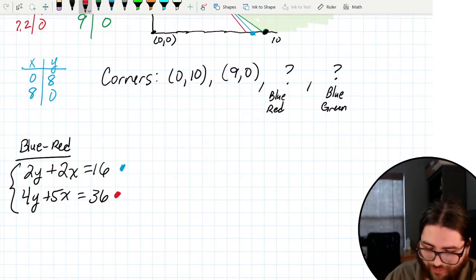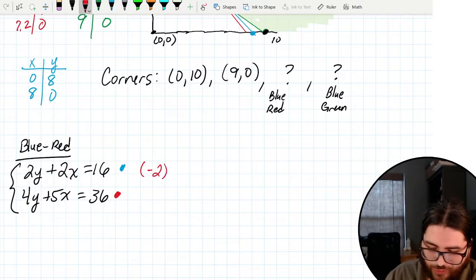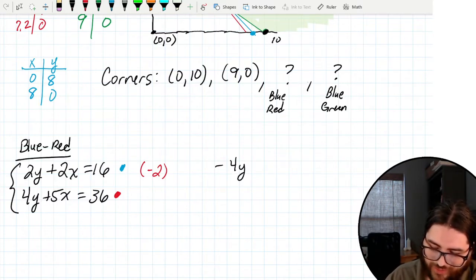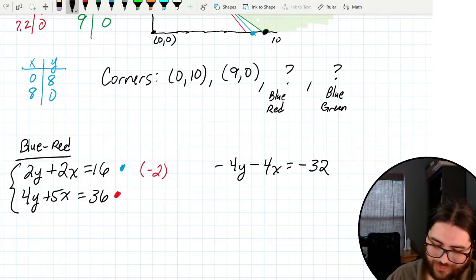Let me multiply everything in the top equation times -2 to make -4y minus 4x equals -32. The bottom equation stays as it is.